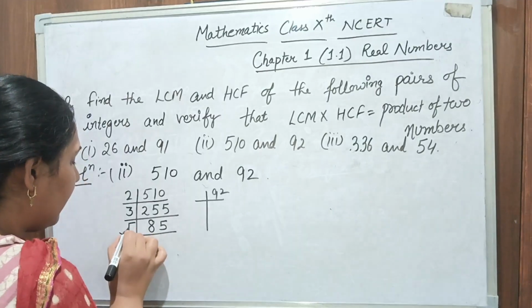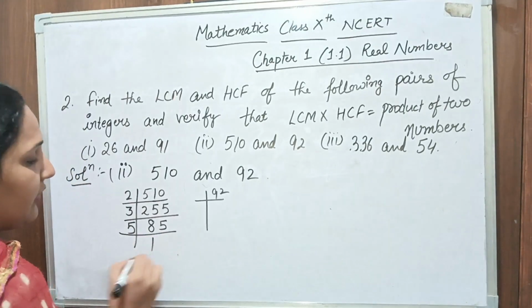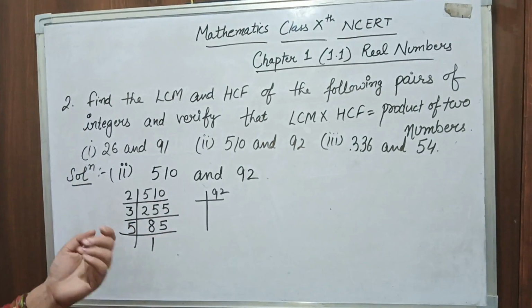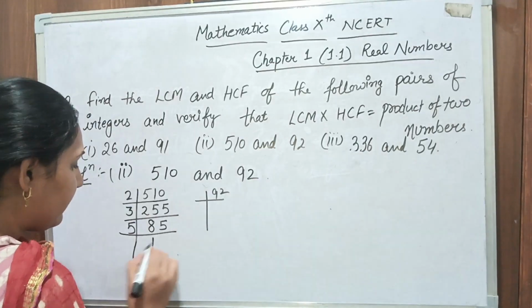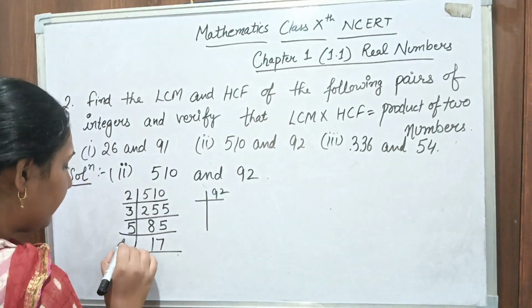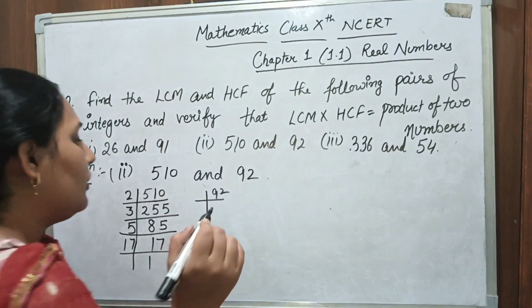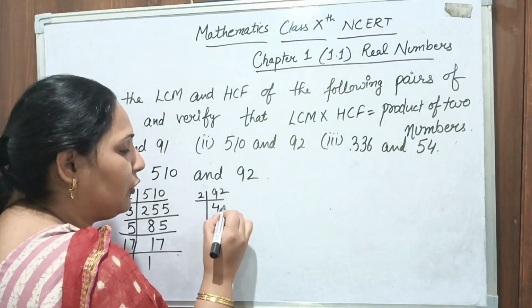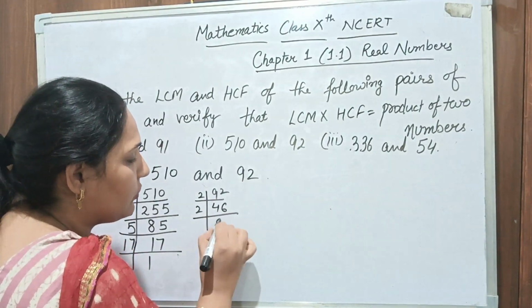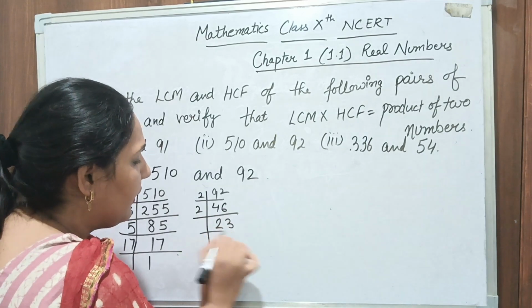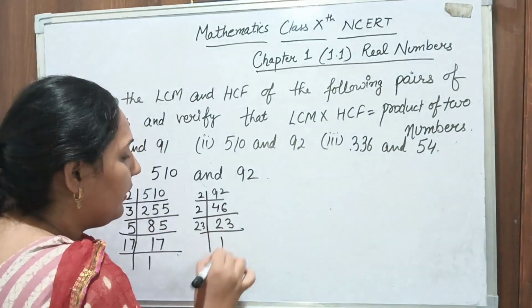Now on 5, 5 ones are 5, 5 sevens are 35, 17 ones are 17. 92: on 2, 2 fours are 8, 2 sixes are 12, 2 twos are 4, 2 threes are 6, 23 ones are 23.